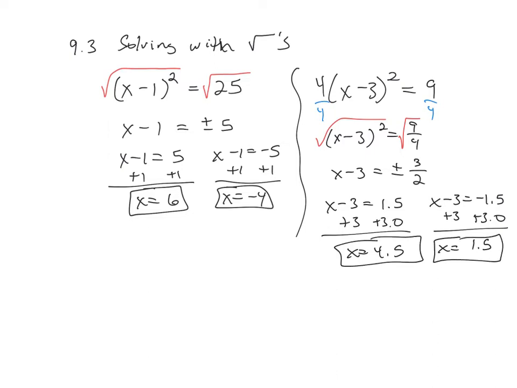I'm fine with you leaving the answers in decimals. The book might have it as a fraction, so the book might show 4.5 as 9 over 2, and 1.5 as 3 over 2. But I'm fine with the decimals. I think dealing with that stuff as money is usually easier.